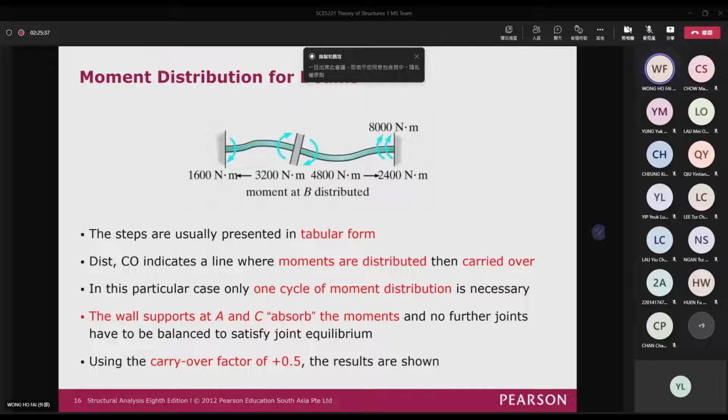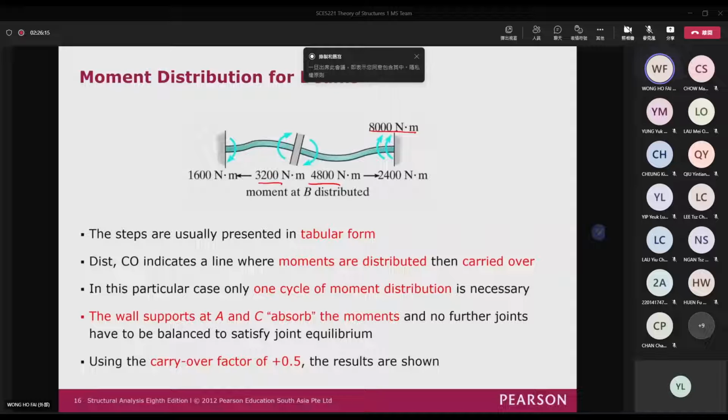So here, I have the 8,000, and it becomes two parts, because we distribute between the two. And don't forget that originally I have 8,000 Newton meter moment right here, because at that time I will have a fixed end moment right there. But in order to eliminate this 8,000 moment, I need to apply a clockwise moment, 8,000 right there, to make it be in equilibrium.